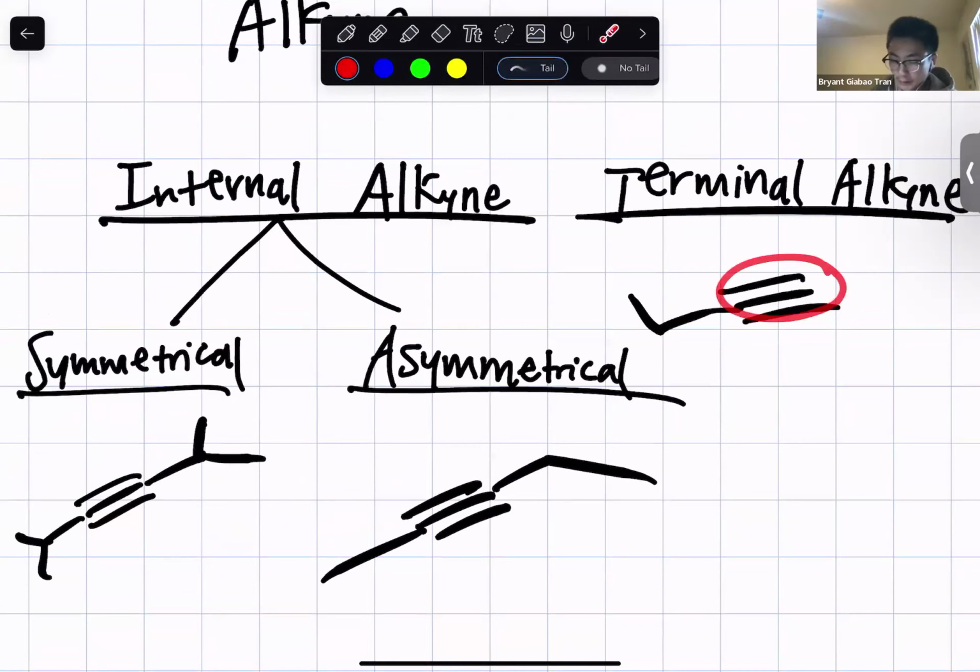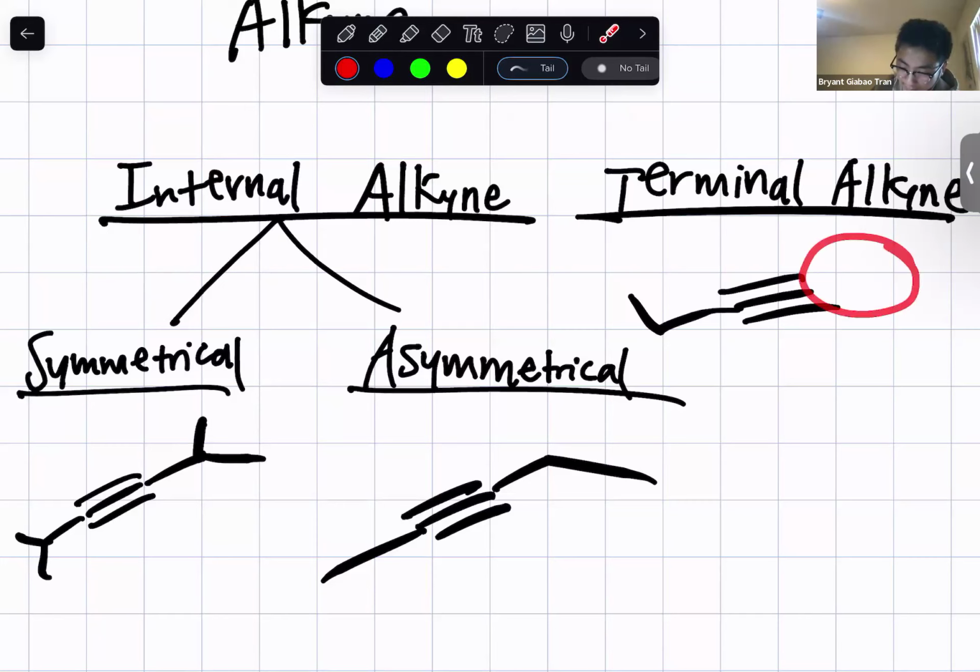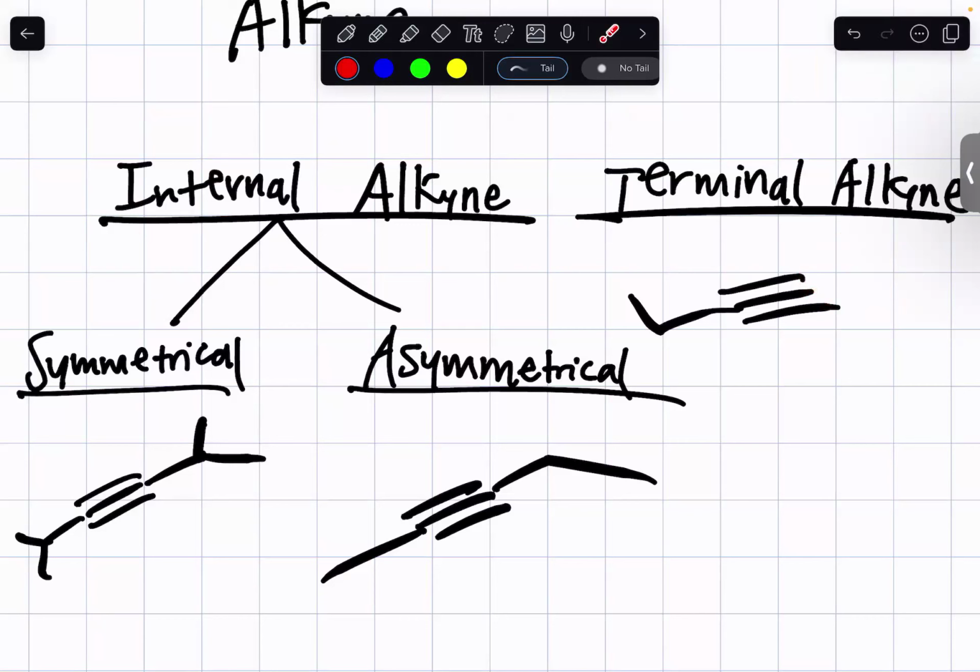the alkyne is at the end of the molecule, the terminal end, right? Do you know what else is attached to that terminal carbon right here? Another hydrogen? Right, another hydrogen.